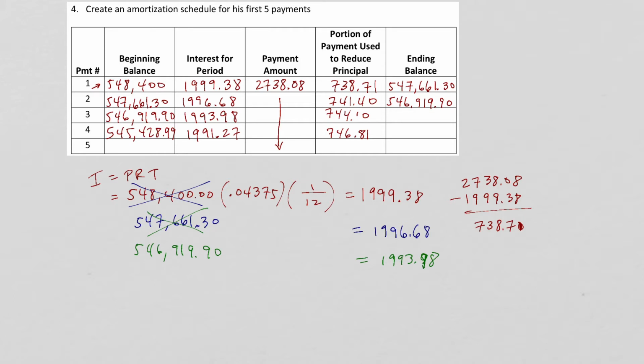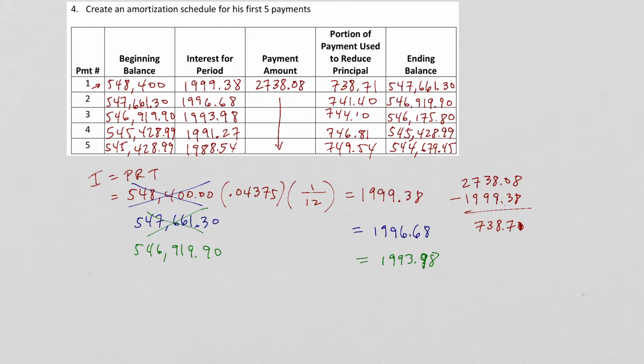That amount should have been 546,175.80, and then this will subtract to 545,428.99. And finally, we'll put that here. And the amount of interest will be 1988.54. This will be 749.54, and this will end up as 544,679.45.